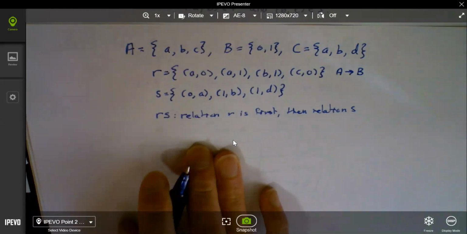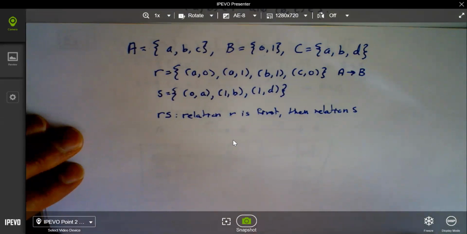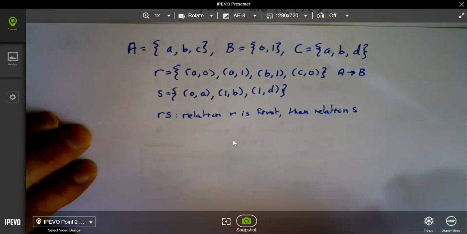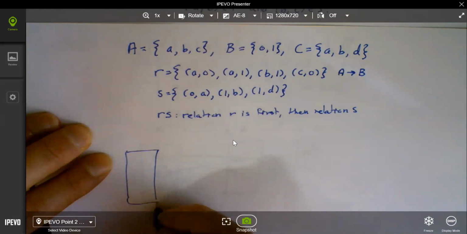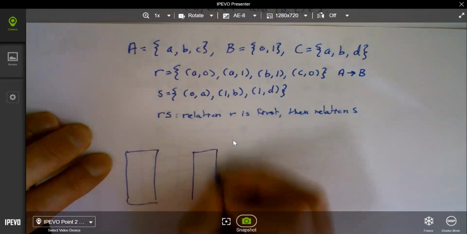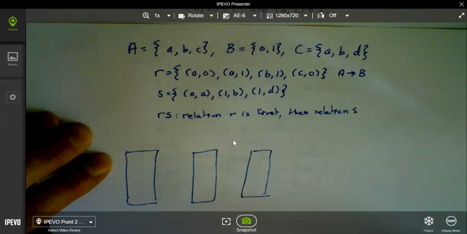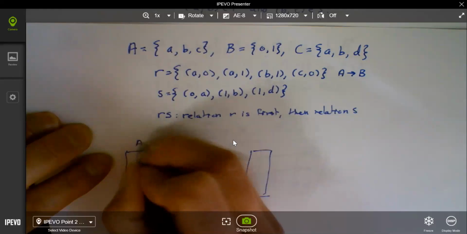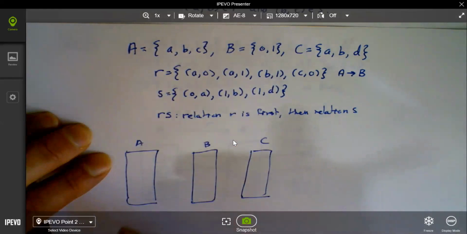One way we could help understand this problem is to draw a picture. I'm going to make three rectangles that represent our sets A, B, and C, and list the elements in each of those sets vertically.